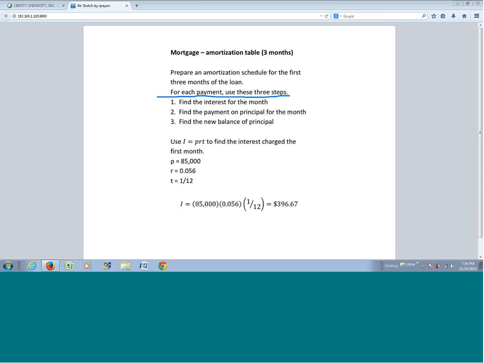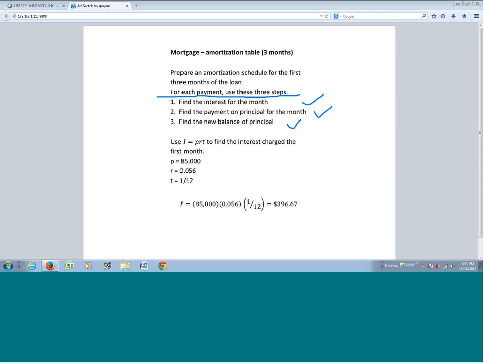So here are the 3 steps for determining that. First, you need to find how much interest you are charged for that particular month. Then you're able to see how much of your payment goes toward the principal, and then you'll get the new balance of what you owe.